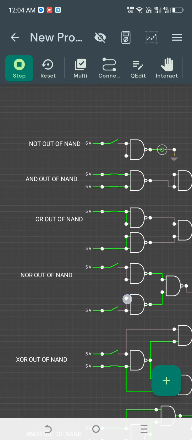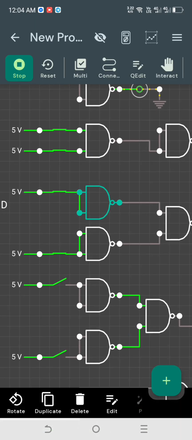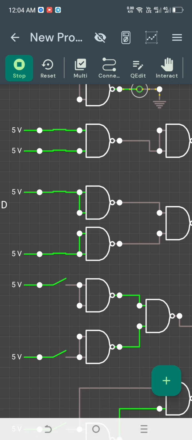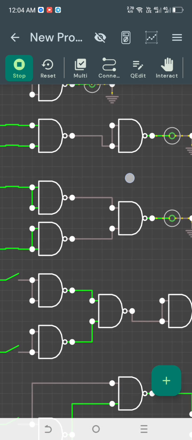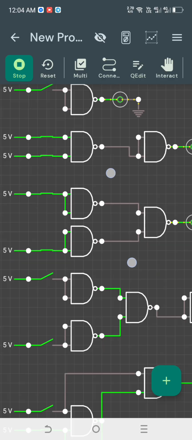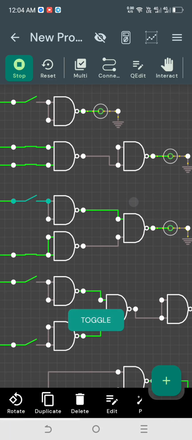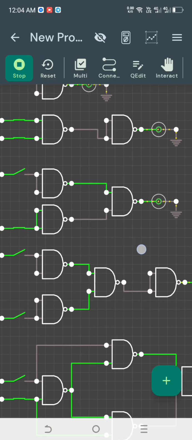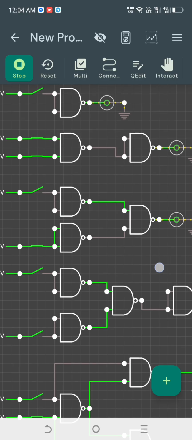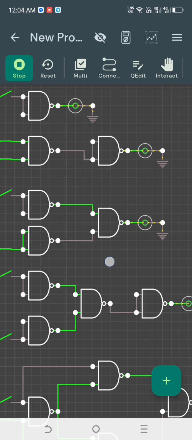Now next is OR out of NAND. Both NAND inputs are 1, so both of their outputs are 0. Now 0 and 0 as inputs give output 1, so that's why it works. If I turn one of these, it will still work, because in the NAND truth table, if the inputs are 0 and 1, the output is 1.